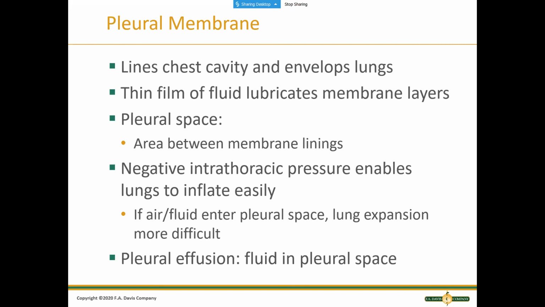So you basically got two layers that are stuck together with a lubricant. And that lubricant lubricates those membrane layers. But you do have a potential space between the membranes. Usually there's not a space. Usually they're stuck together pretty good.